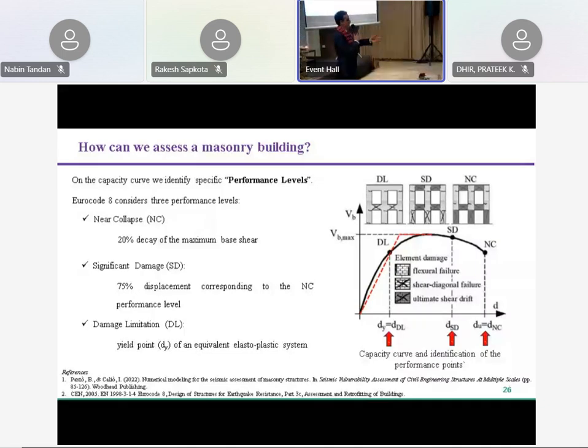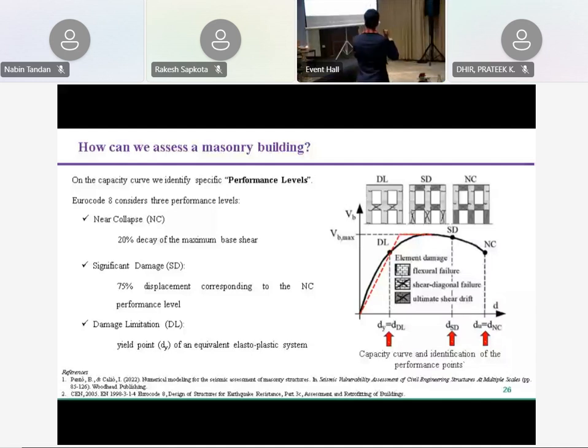If we follow Eurocode, and this is the case in my slide, we can define three performance levels. Going from right to left, we have the near collapse performance level, basically where the structure is very close to failure.